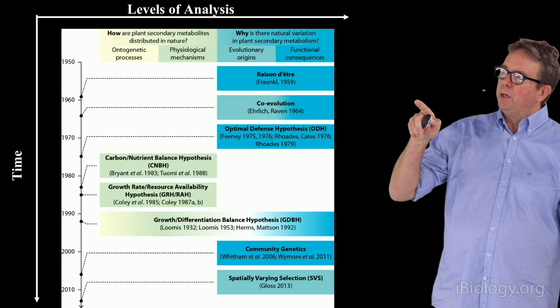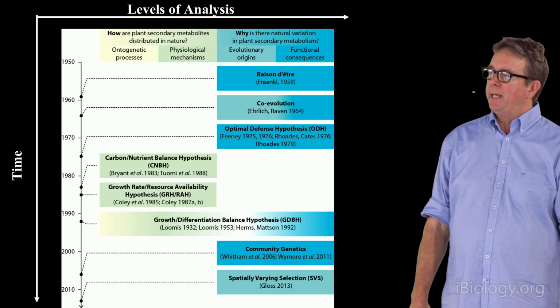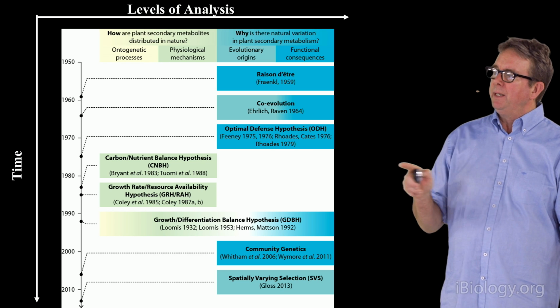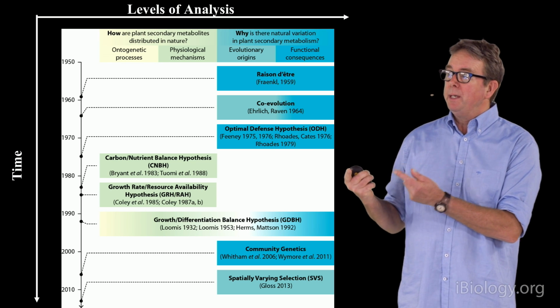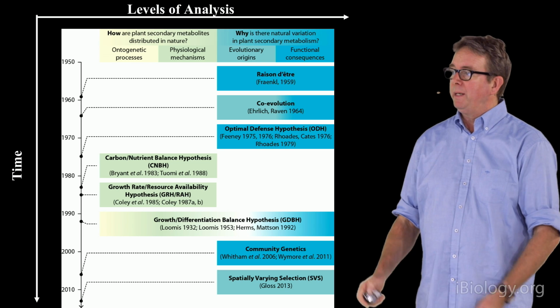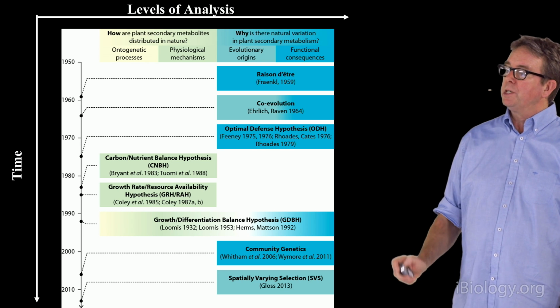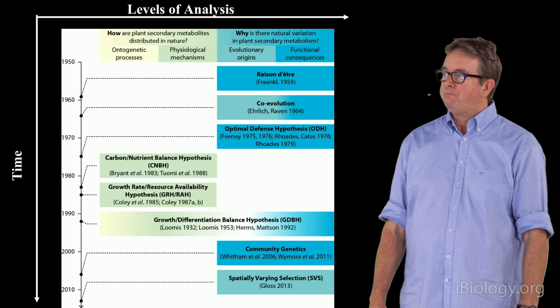And as you can see on the y-axis, where the different theories are laid out in time as they came, they were frequently posed at different levels of analysis, and therefore the hypotheses were not posed at the same level and didn't really represent significant advances, particularly from the perspective of plant physiologists working in the field, who largely have ignored this large theoretical basis.